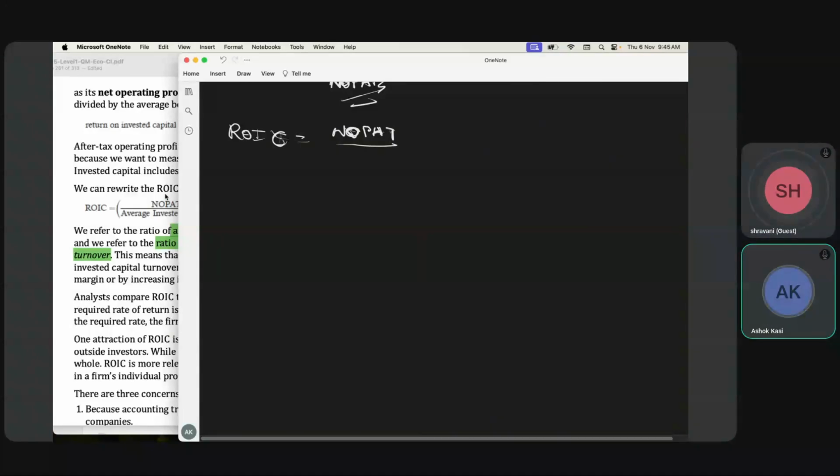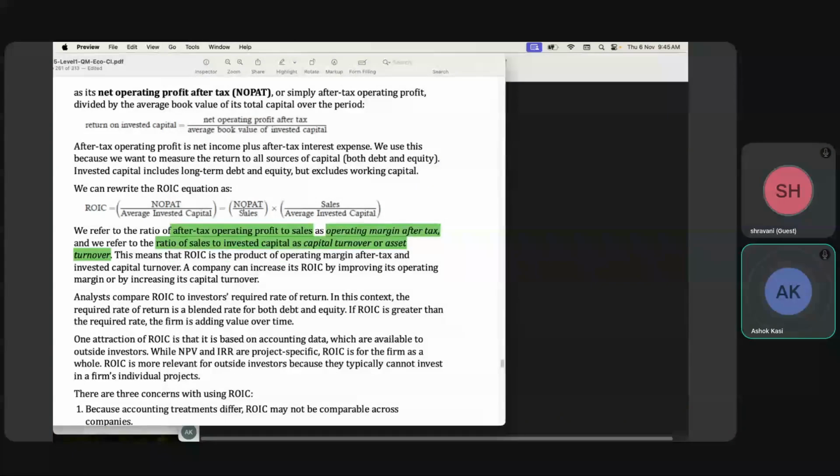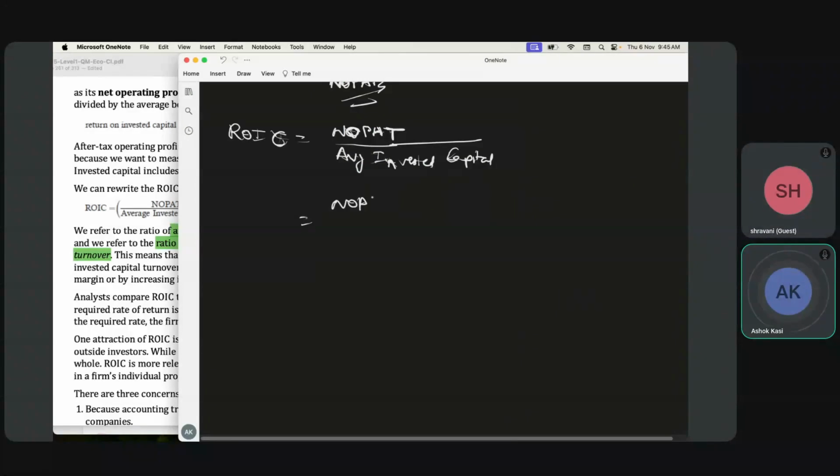That I can further write as NOPAT by sales into sales by average invested capital.